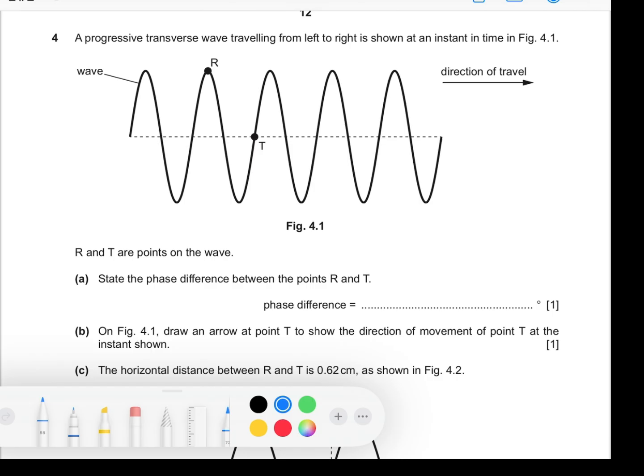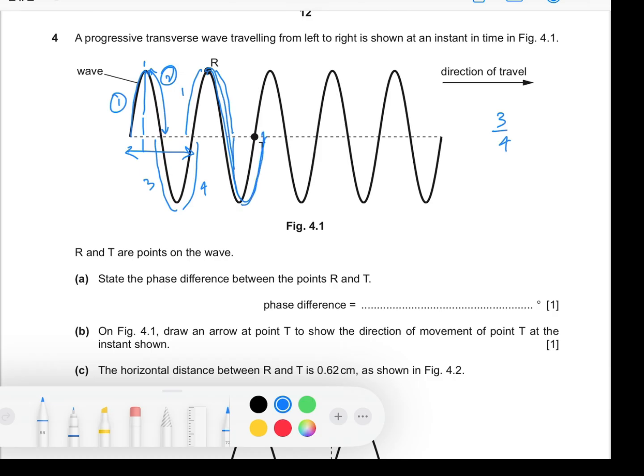Okay, so the distance between R and T is equal to 3/4 of a wavelength. If we were to look at this diagram, here is the entire wavelength, and let's say this point is the first quarter, and then this one is the second quarter, and so on. So here's the third, and here's the last quarter. And so if you follow the same pattern, here is the first quarter, here's the second, third, and then fourth.